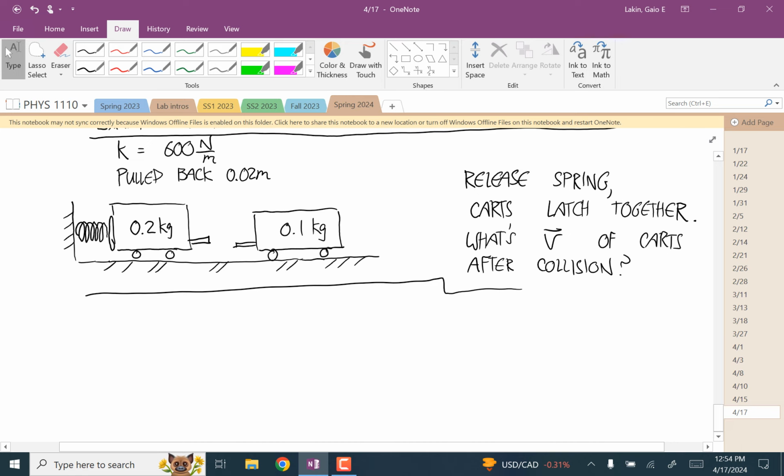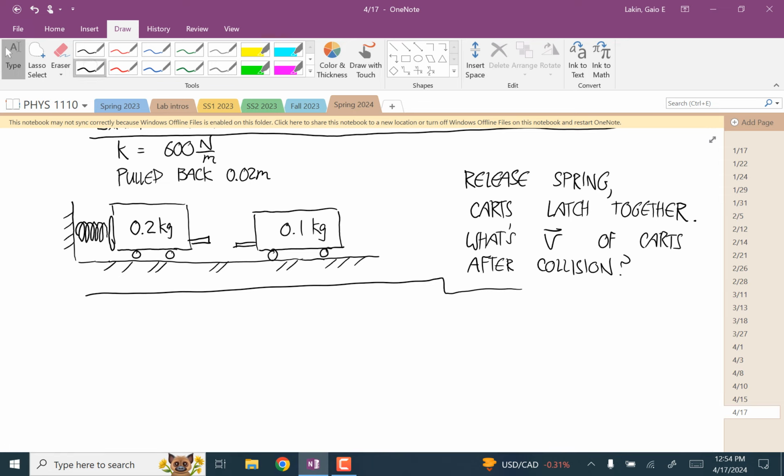Okay, well, the part that we're going to use conservation of linear momentum for is just the collision part, just right before the collision to right after the collision, okay? So anything else happening in the problem, be ready to use conservation of mechanical energy for that. That's almost always what you're going to have to use, okay?